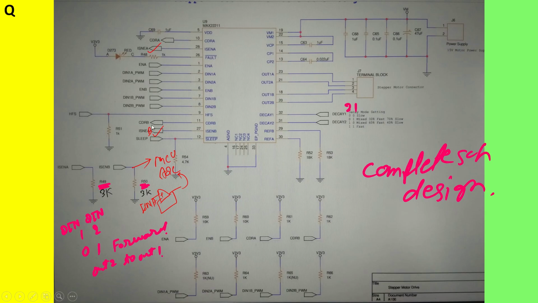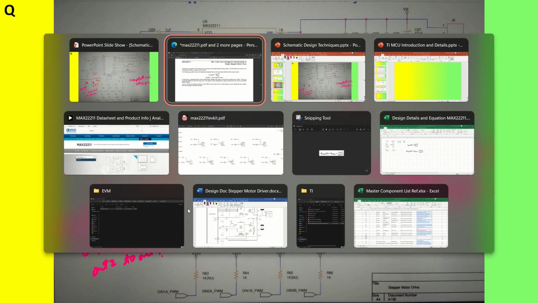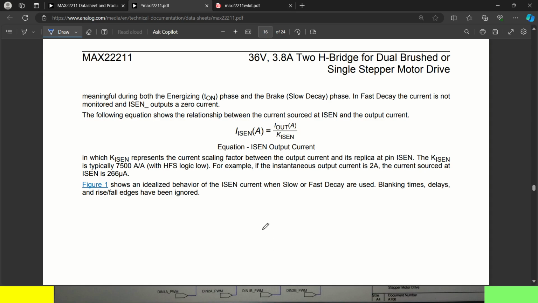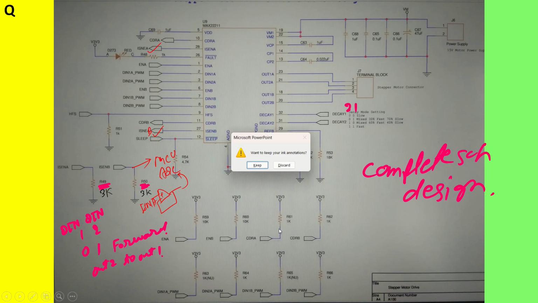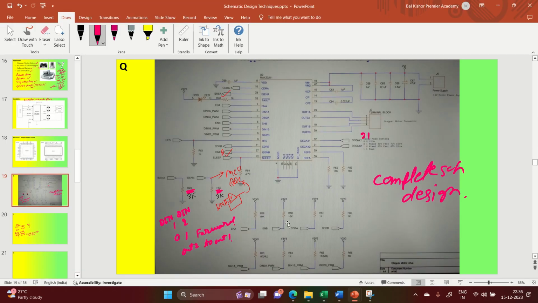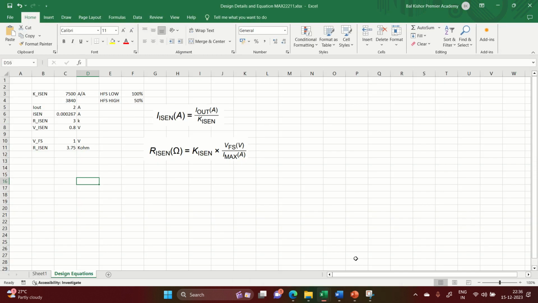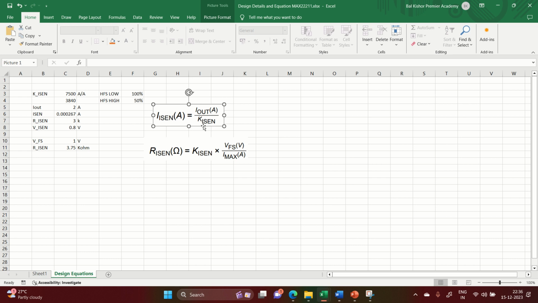Next, our aim is to put reference A and reference B resistors as well as the values of the isense resistors. So let's design that circuit. As you can see, we have an isense which is I out by K ISN.